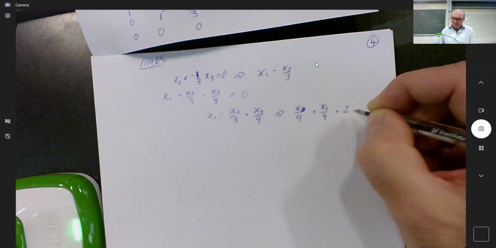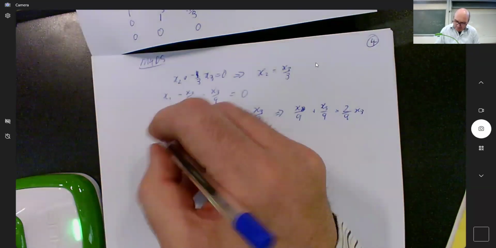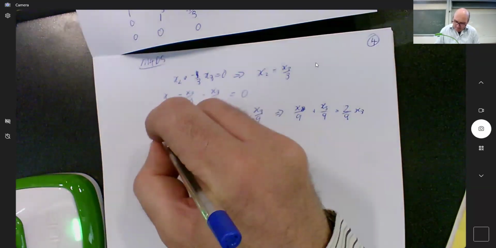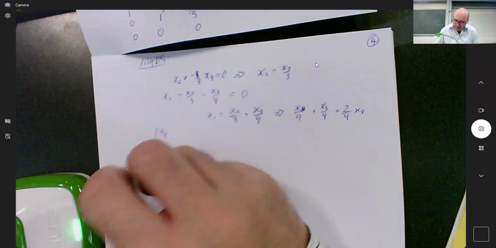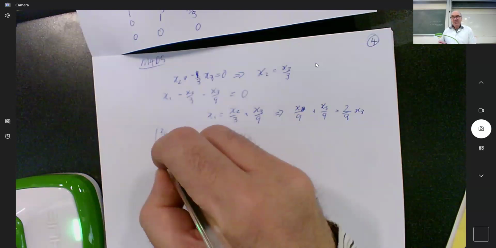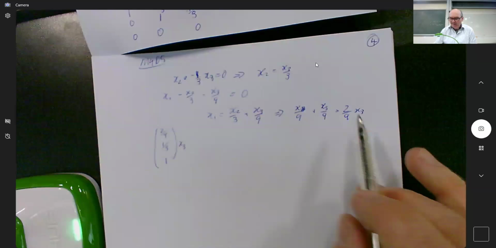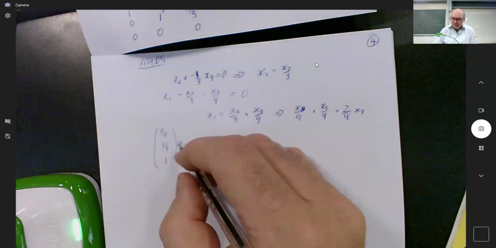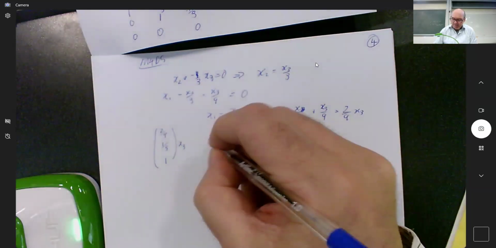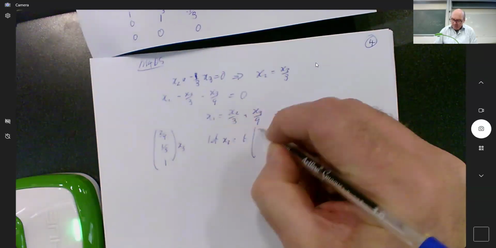All right. And so my vector, 2 on 9, 1 on 3, and 1 by x3. I could actually use parameter t for x3. I could have said, let x3 is equal to t, 2 on 9, 1 on 3, 1.